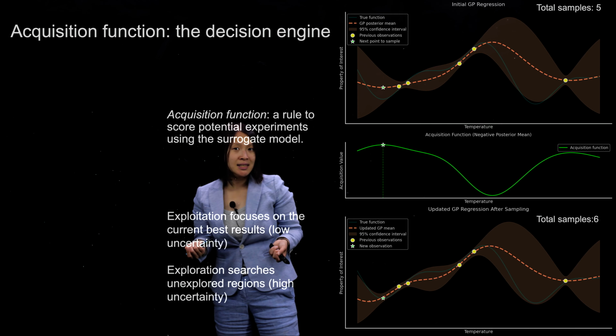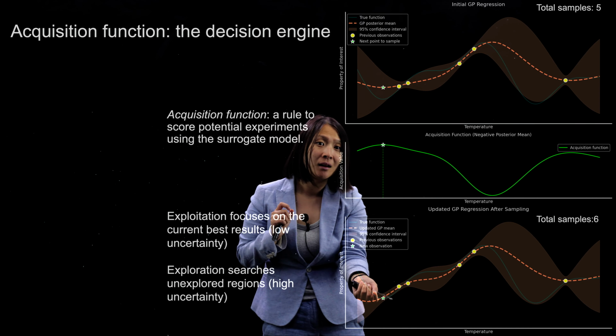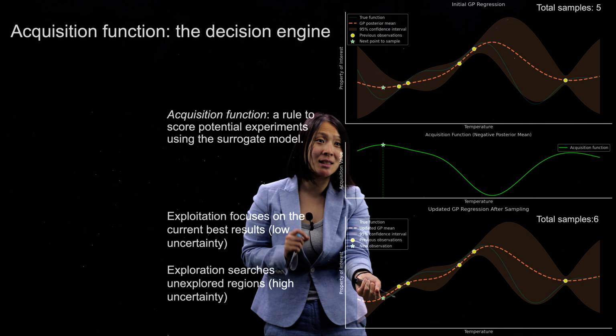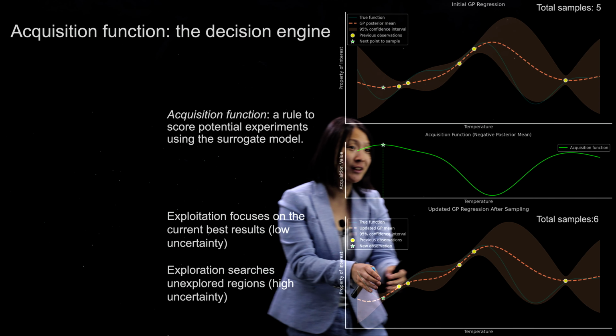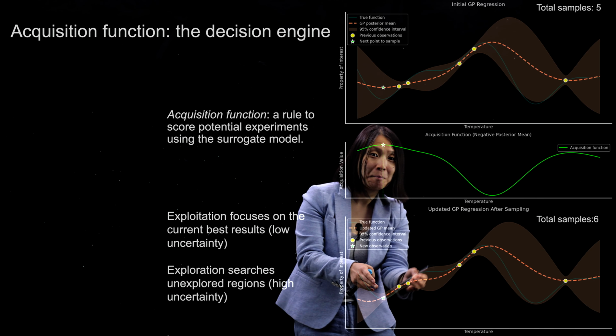This is really kind of intuitive, but it comes with a problem. In this region where we are currently sampling, this is a minimum, but it is not a global minimum. If we knew the true function, we would know this is a local minimum.